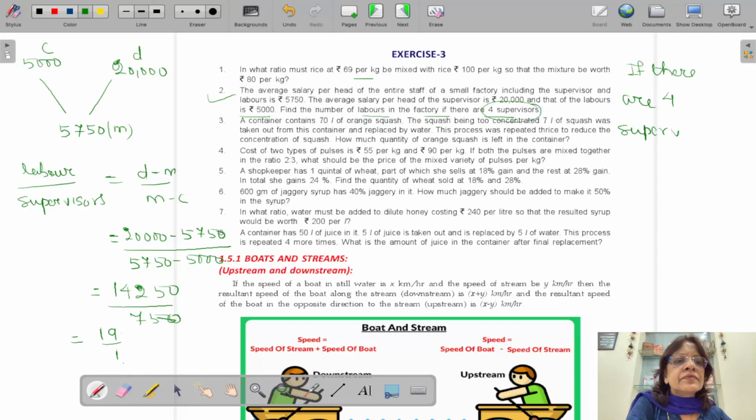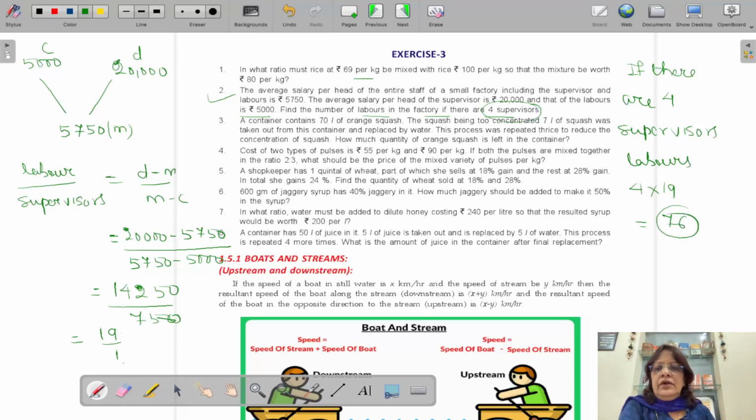Laborers will be 4 into 19, that is 76 is the answer for this question. This was the second question. I hope it is clear. Now moving on to the third question. I hope the thing is clear.